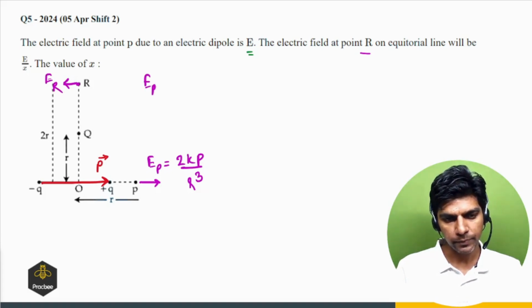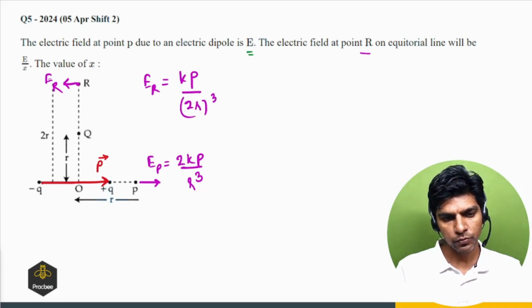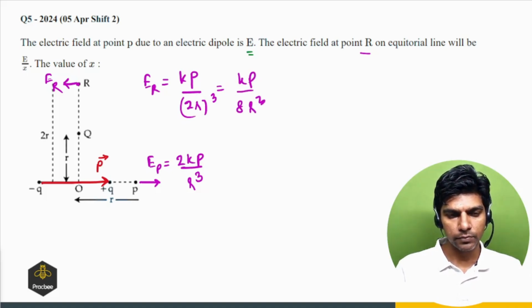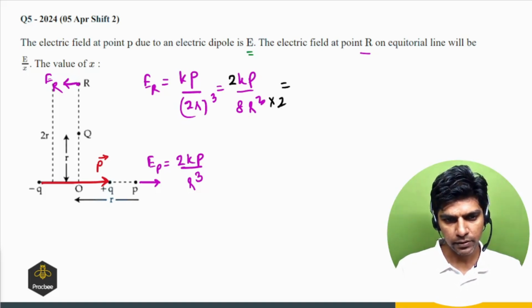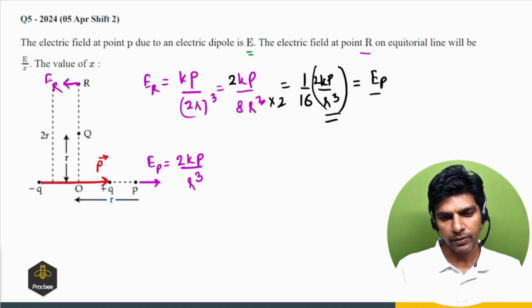So ER will be Kp divided by R cube, and R in this case is 2R, so it will be 2R cube, so it will be Kp upon 8R cube. So if I multiply and divide by 2, we'll get 1 upon 16 times 2 Kp by R cube, and this is nothing but the electric field at P. So the electric field at P divided by 16 will give us the electric field at R.